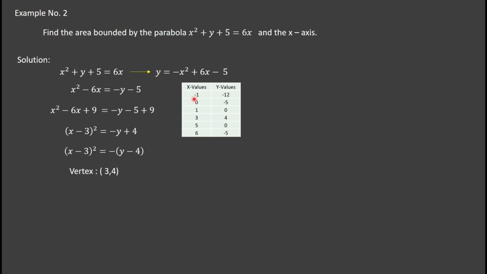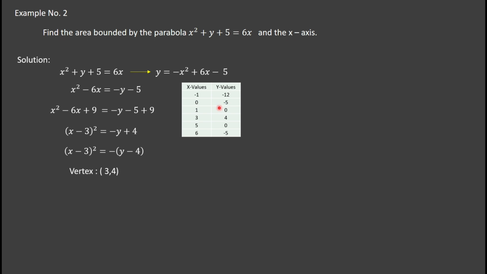If x is negative 1, we substitute into this equation and get y equals negative 12. Another is 0, then negative 5; then 1, then 0; 3, then 4; 5, then 0; then 6, negative 5. These are the corresponding coordinates.